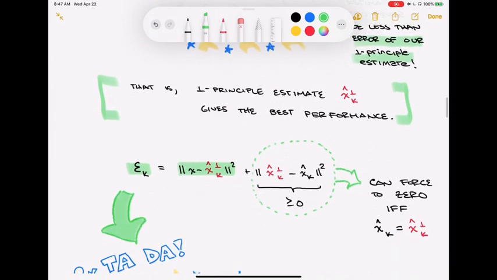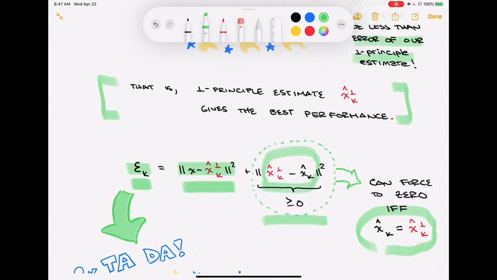So the only way we can force this second term to be zero, such that the arbitrary estimate matches exactly the estimate given by the orthogonality principle, is if x hat k is equal to x hat perp k. That's the only way we can get this middle part equal to zero, and that's the only way to make that second term equal to zero.